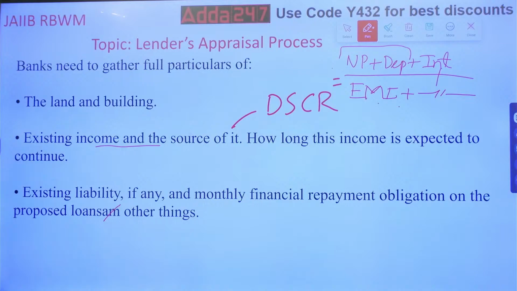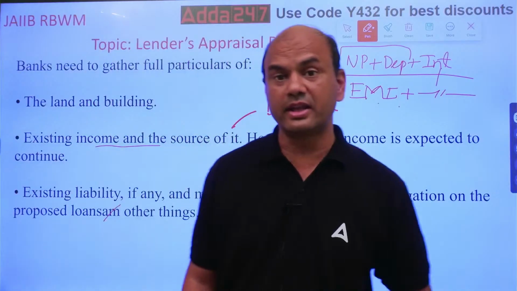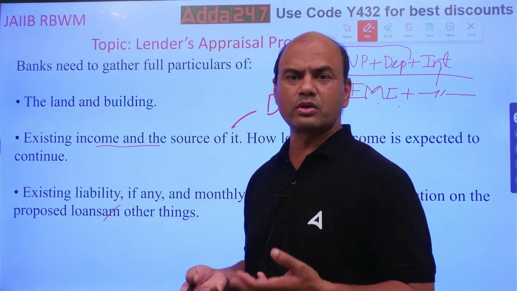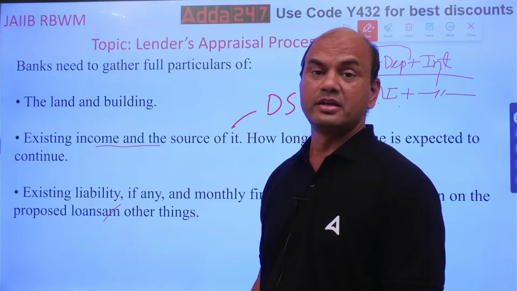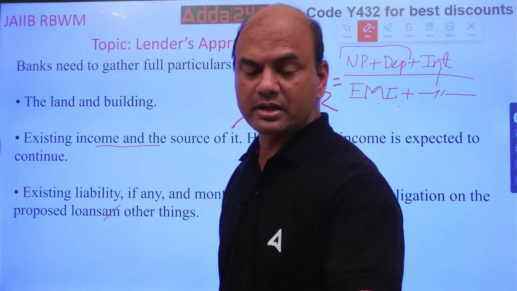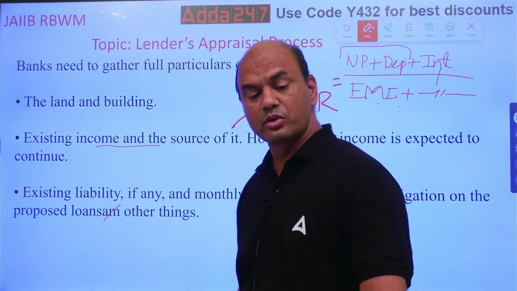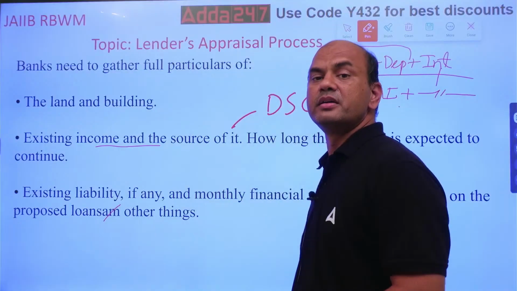Suppose I have a personal loan, or a credit card loan, or any other housing loan I have taken, because nowadays two housing loans are common. If I have taken any other housing loan, then that EMI will be deducted from my salary or my income. So whether my income totally is okay for this complete loan system.